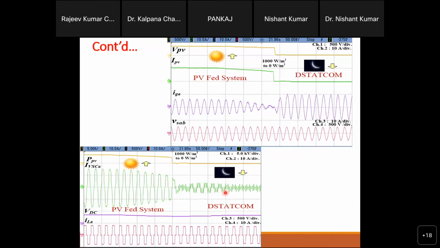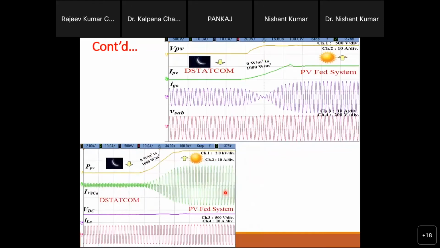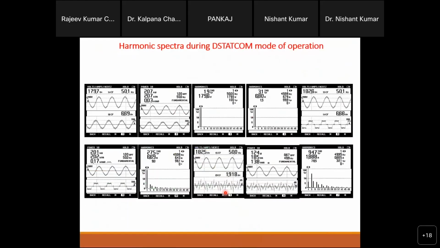Here, the current coming from the grid is 6.8, but the load is only 6.6. Why is this higher? Because the rest of the current is going to the converter, for generating the reactive powers and so on.